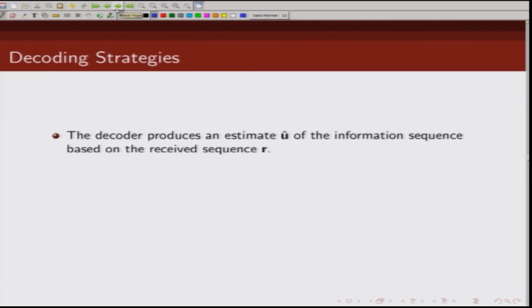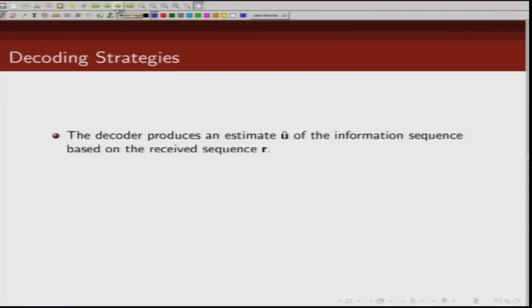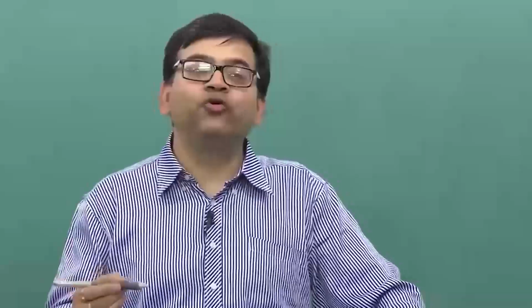Now, let us move to the topic of what sort of decoding strategy we should employ when we want to decode a code. As I said, the decoder's objective is to take as input the demodulated signal R and produce an estimate of the information sequence U hat.